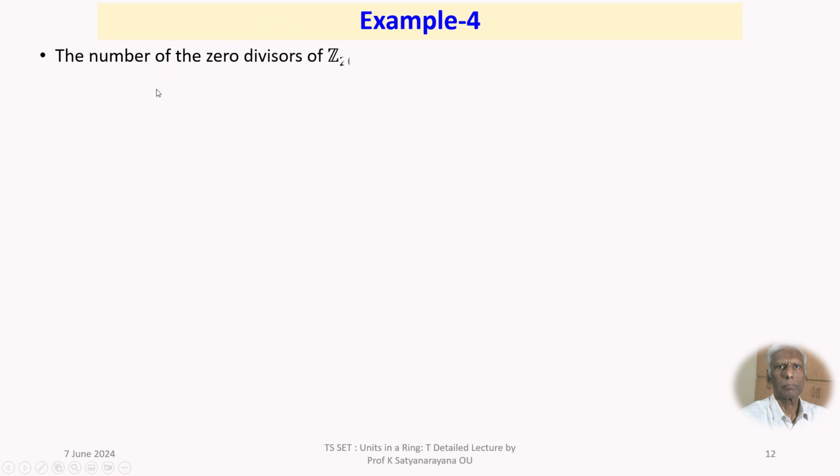So now the question given is: the number of zero divisors of Z 2024 is. 2024 is this year, for fun I have given it like that. The 4 options are here. Very good.